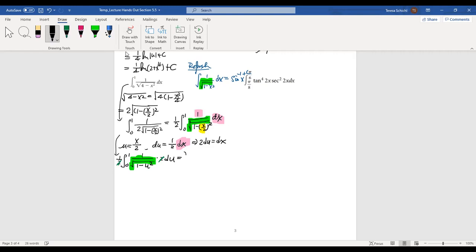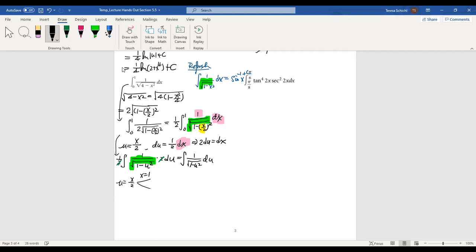So what I have here, I have 0. Okay, so here I need to be careful. It's not 0 to 1 because I need to change the bound, right? So now in here, this will be 1 over the square root of 1 minus u squared du. So now let's take a look at this bound. I know u is equal to x over 2. So the original bound is 0 to 1.